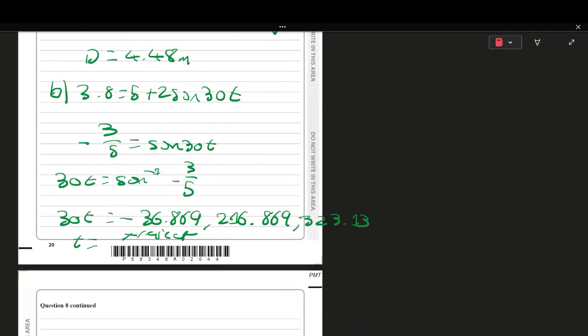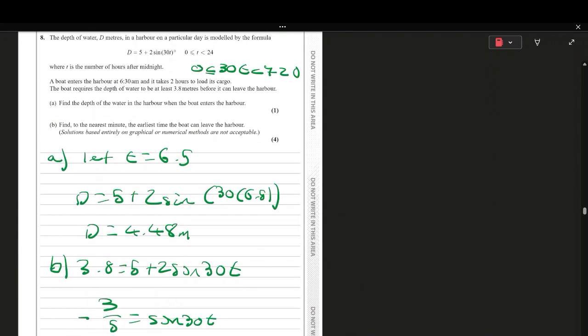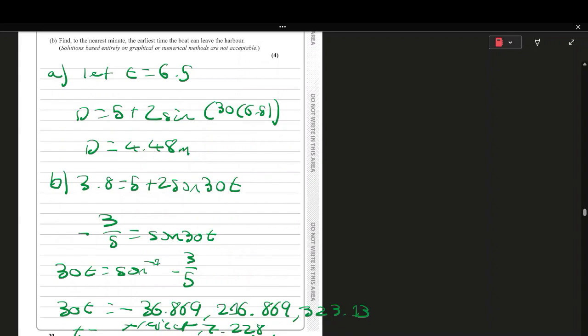Divide 216 by 30, you'd get 7.228, which you'd have to reject since it does not enter by at least 8:30, since it enters at 6:30 and takes 2 hours, and that would only be 7 hours.